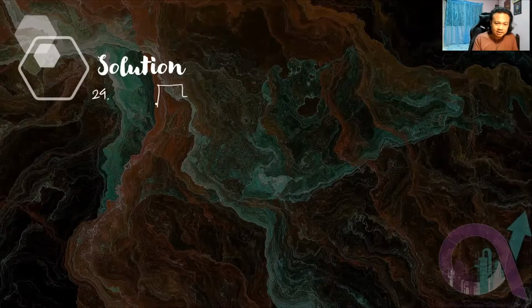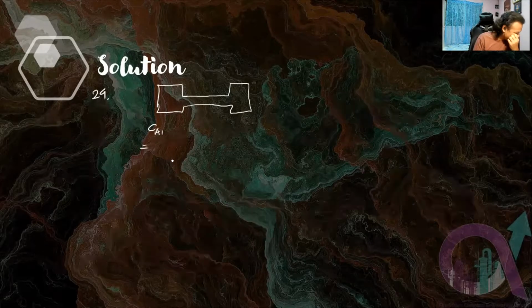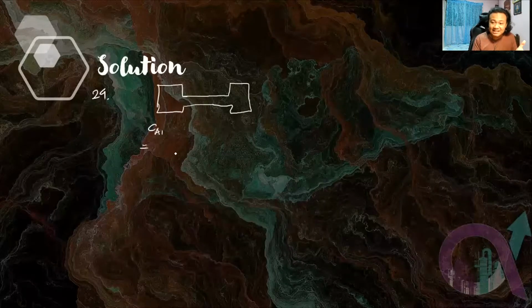On the other side you have CA1, the concentration of the acetic acid in this area, which is 0.125 mole per cubic centimeter.